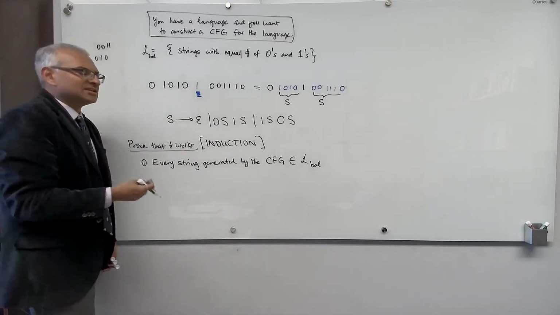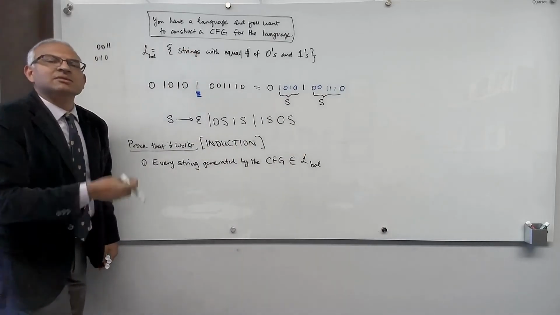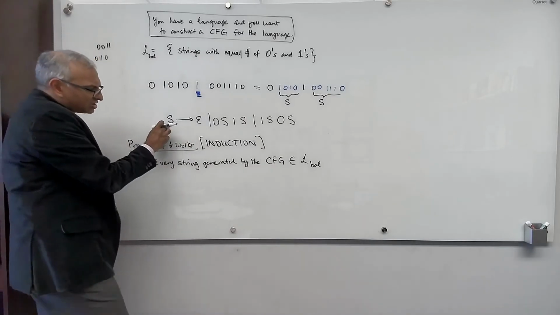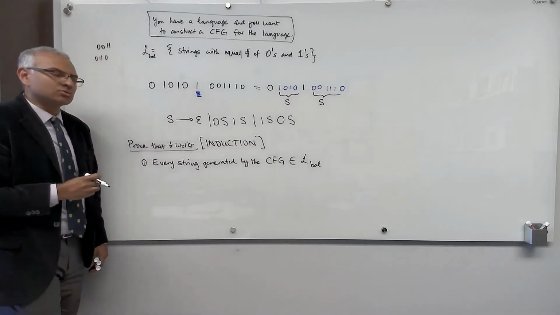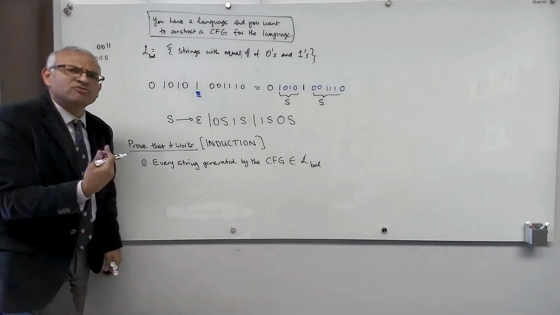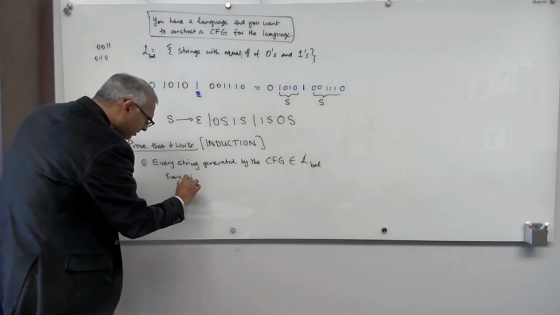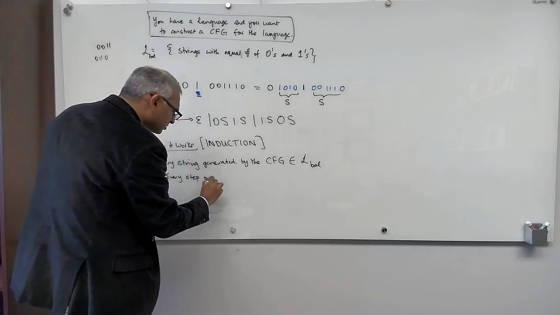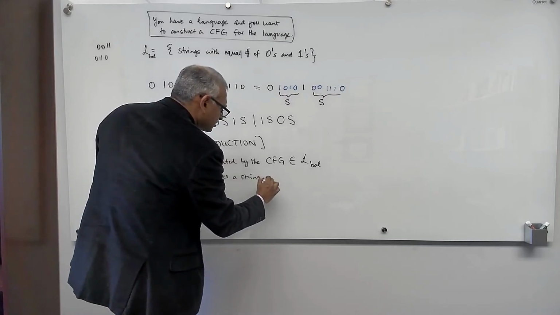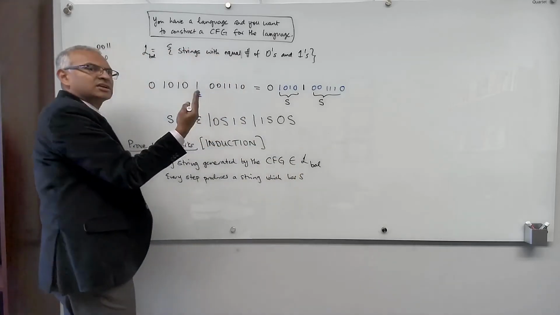Okay. And so that's the basic idea behind proving that every string that's generated by this language will have the same number of zeros and ones. If the first string that you can generate has the same number of zeros and ones, and each of the production rules preserves this property, then everything you can generate will have that property. Well, the formal proof is by induction, okay? And you can see that in the text. So every step produces a string which has S, okay, which by the induction hypothesis you can assume.